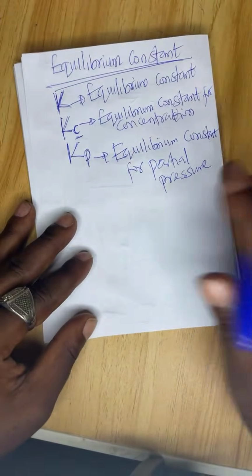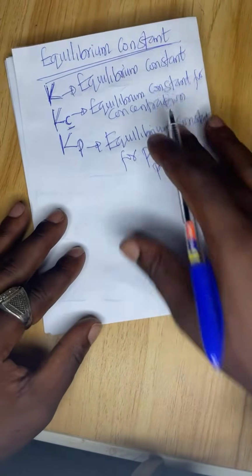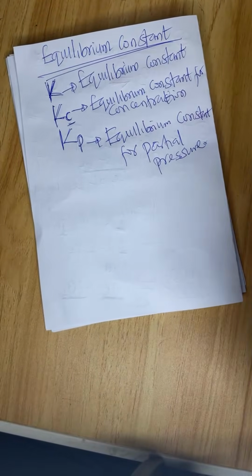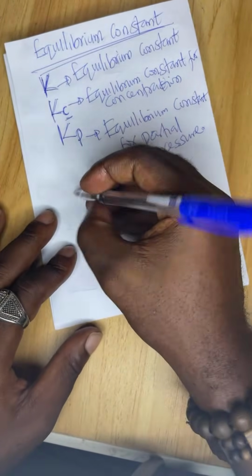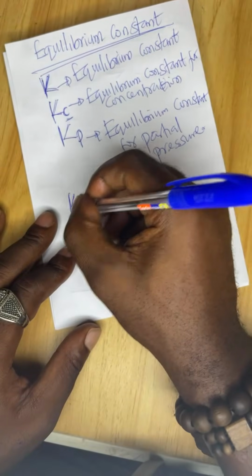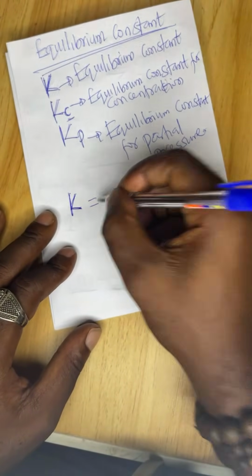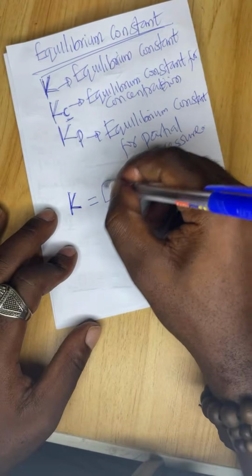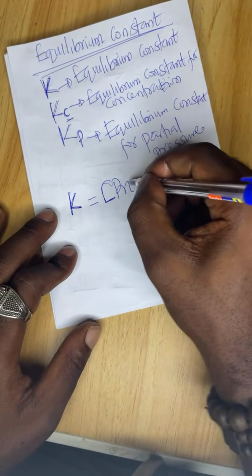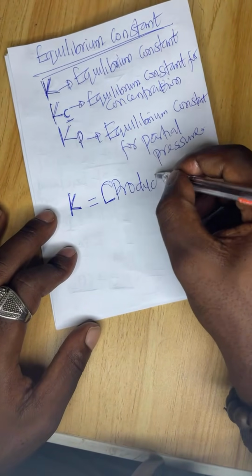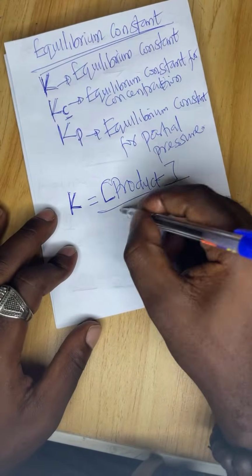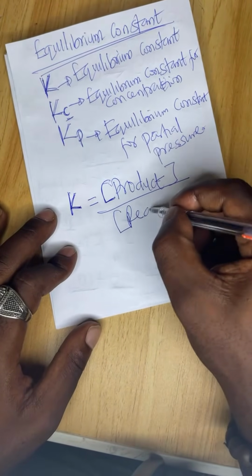So let's continue. To write the equilibrium constant K, it just means the concentration of the product over the concentration of the reactant.